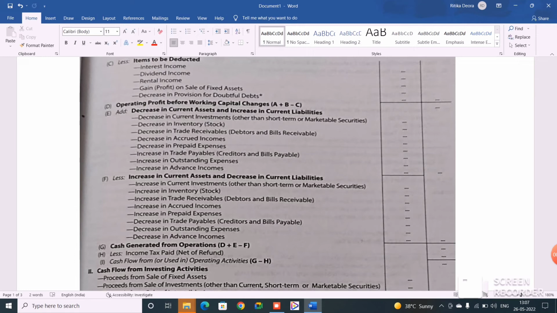Now, before moving on to cash flow from investing activities, there is one more thing. You won't be directly given information like income tax paid was this much, or the provision for income tax created during the year was this much. As I told you, what you will be given is, let's say, a balance sheet.